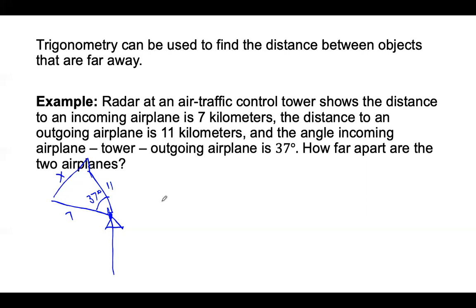So let me redraw it. Let's say this is our 11. This is our 7. We're trying to find this distance, let's call it x. We know this angle here is 37 degrees.